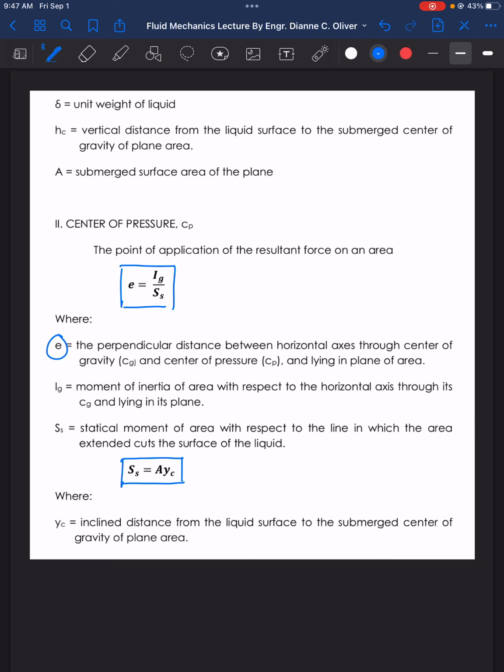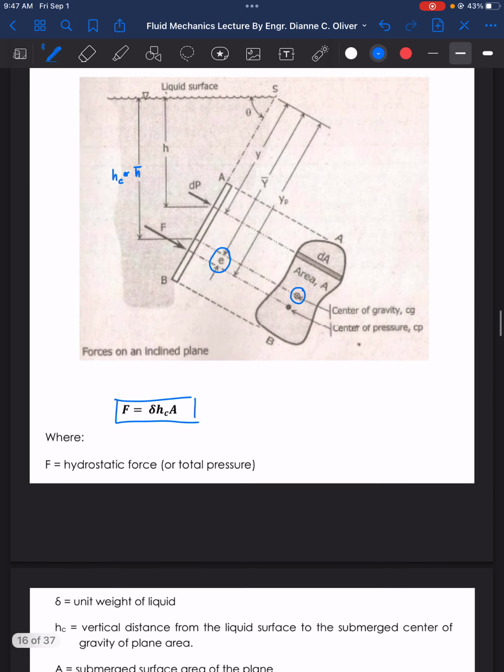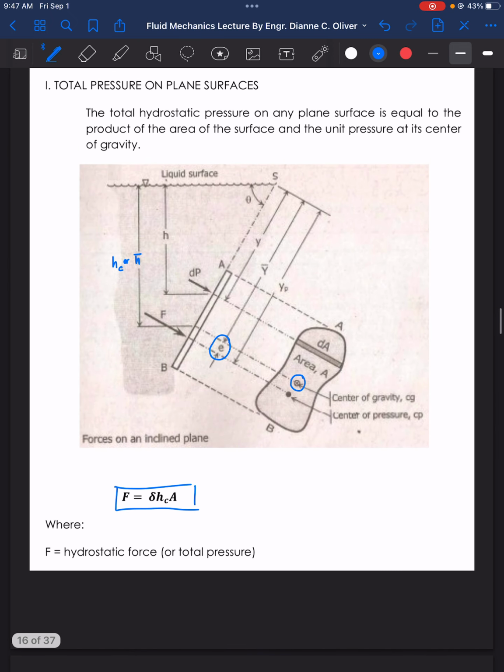Now this is YC in our figure. The Y bar here is actually the YC if we are concerned with inclined bodies.